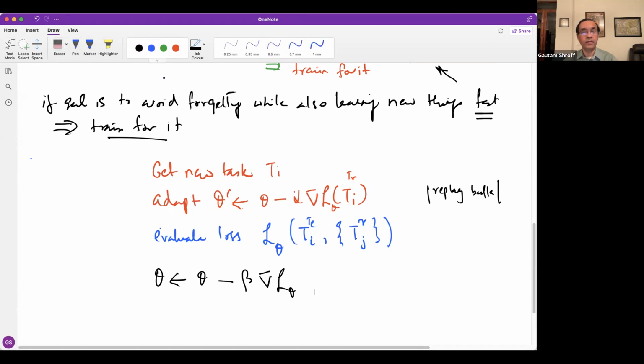Let's call this the forgetting loss, LF, the loss which includes this forgetting bit. So you just do this, but you don't do it again and again for many tasks. You just go back and get a new task, and you just keep updating, right?